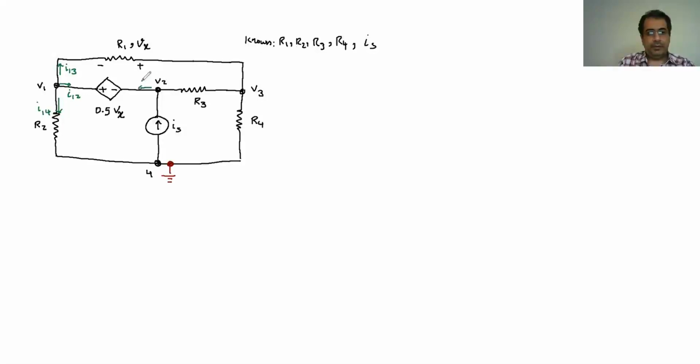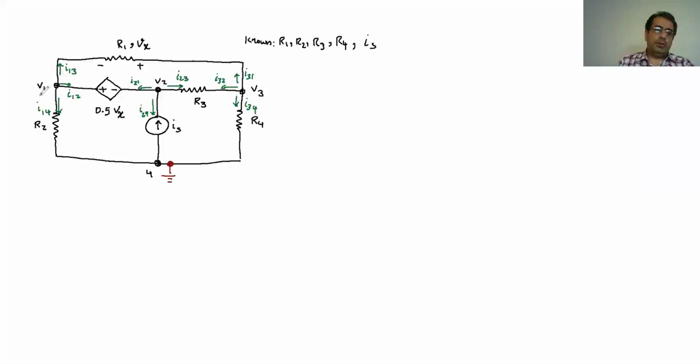Same here, I have I goes from 2 to 1, then I here goes from 2 to 4, and then I goes from 2 to 3. Same here, I have I goes from 3 to 2, I goes from 3 to 1, and I goes from 3 to 4.